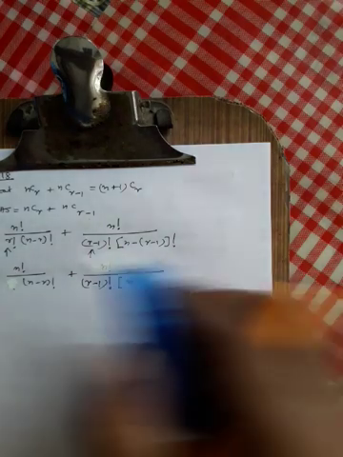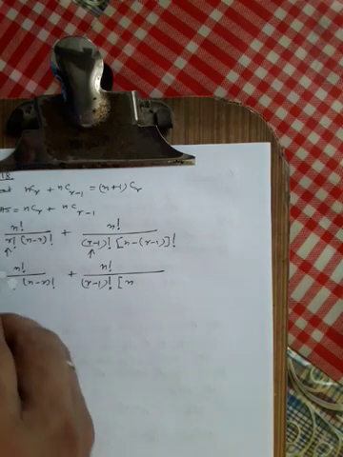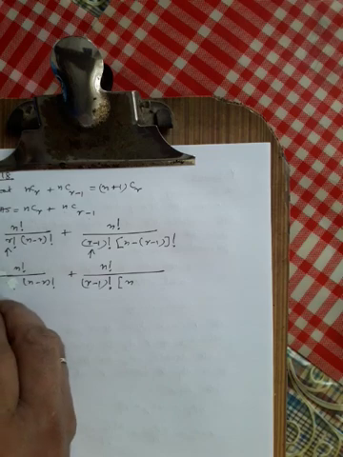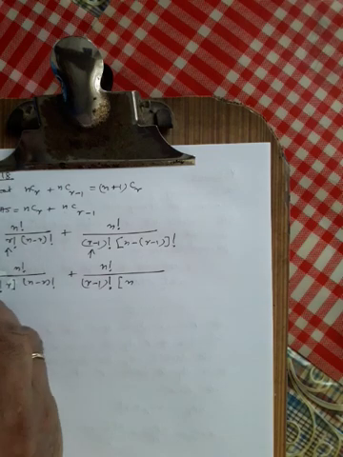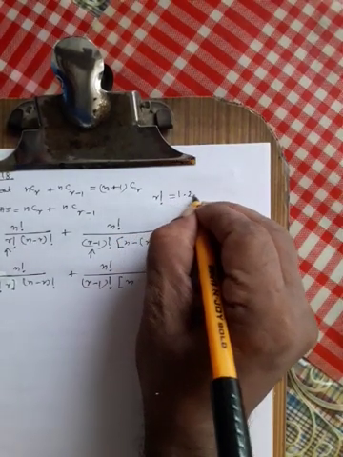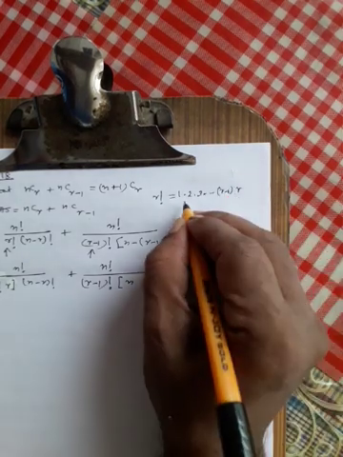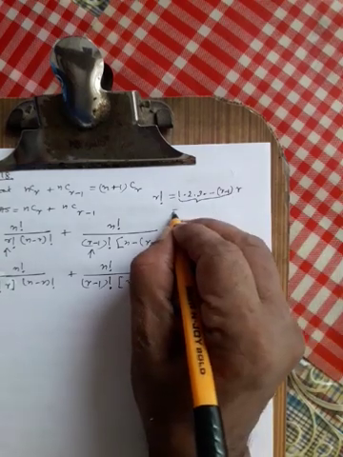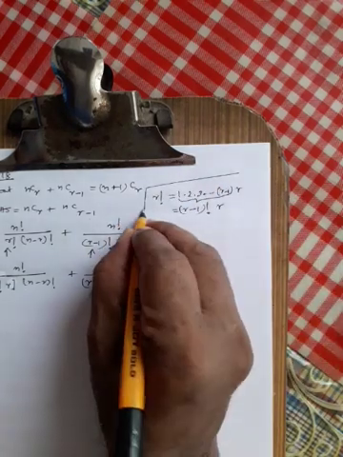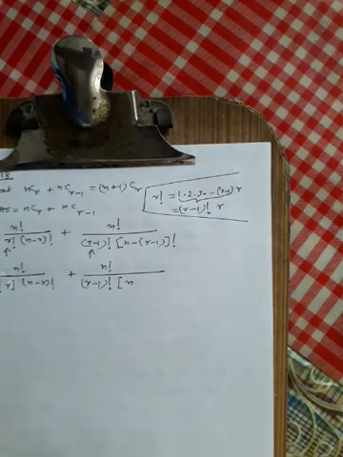This r factorial can be written as (r minus 1) factorial into r, right? What is r factorial? r factorial is 1 into 2 into 3 up to r. The previous number is r minus 1, so 1 to r minus 1, the continuous product, is (r minus 1) factorial, into r. So r factorial can be written as (r minus 1) factorial into r.